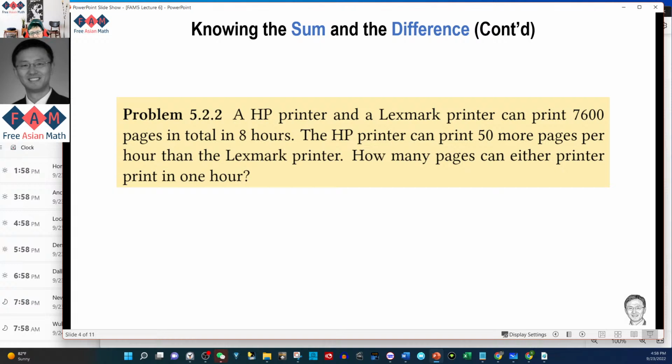That is the difference, right? This is exactly the difference between the two quantities we need to figure out. So now we know this is just a little bit more complicated problem than the previous one. We know the sum of two quantities and we know the difference of two quantities. And that sum is right here.